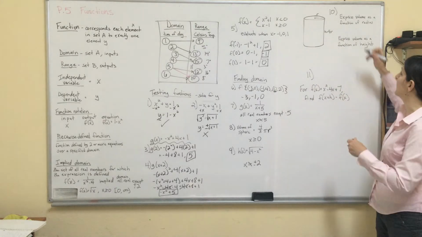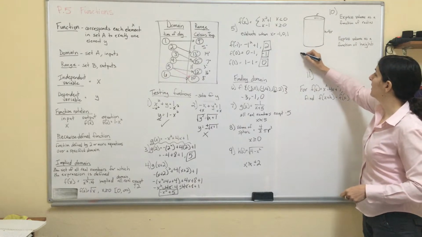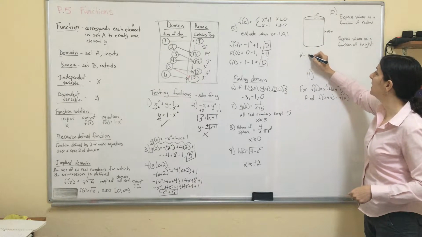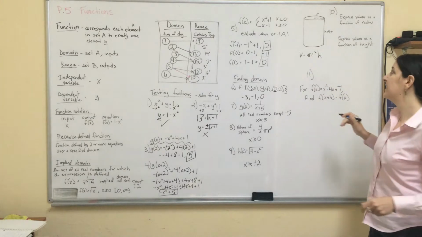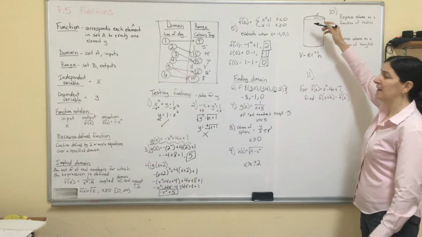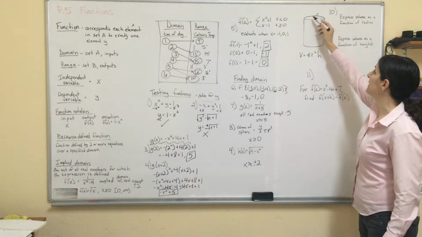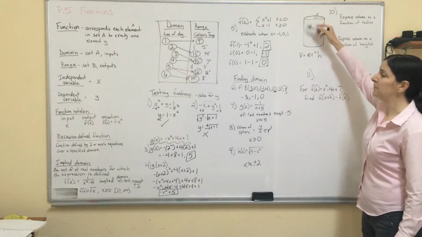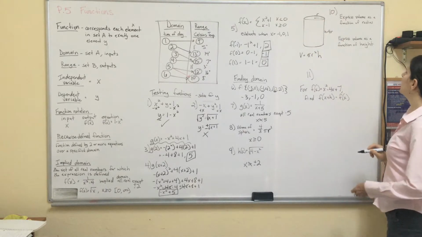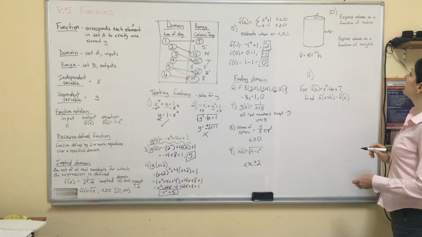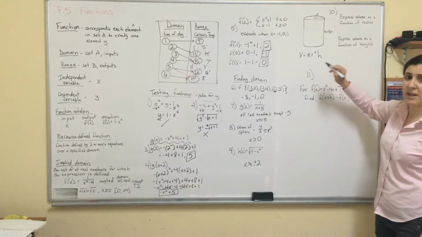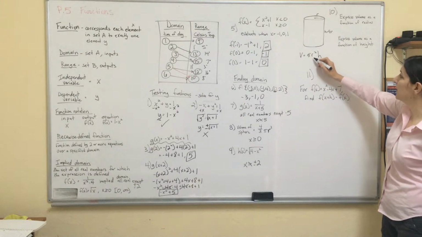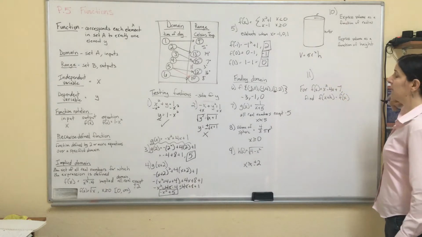So if we wanted to do this, first of all, our equation for the volume is going to be pi r squared h. You guys all knew that, right? Because we know the volume of our cylinder here, it's going to be like the circle on the top times the height. So we want to express the volume as a function of the radius. That means we do not want h, we only want the radius squared in my equation.